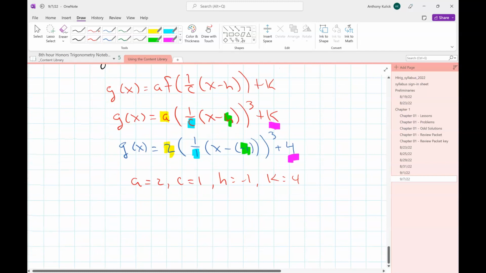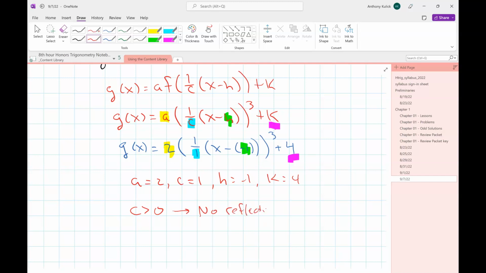All right. So the first thing I consider are the C's, right? C is greater than 0, so I have no reflection across the y-axis. The absolute value of C is equal to 1, so I have no horizontal stretch or shrink.